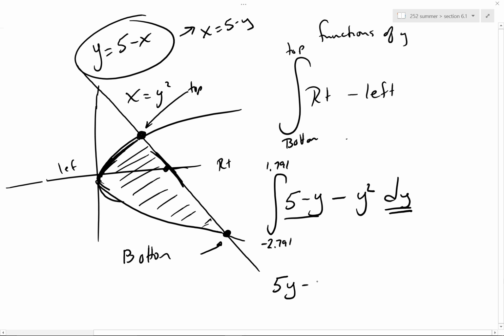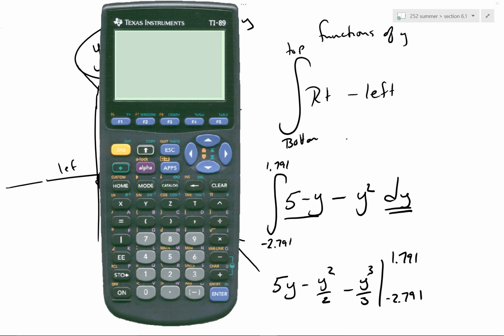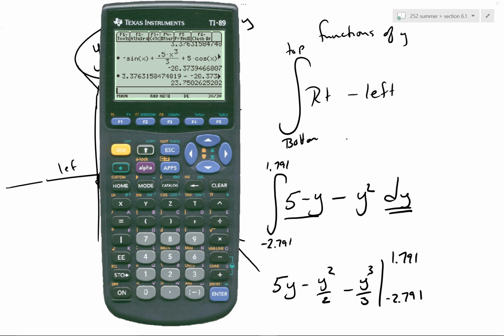So it's 5y minus y squared over 2 minus y cubed over 3 from here to here. Now, again, I like using this calculator for this. You're not really impressing me that much if you can do this all in your head or on your iPhone calculator.